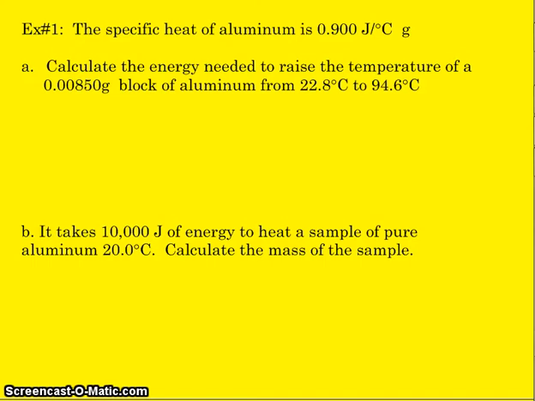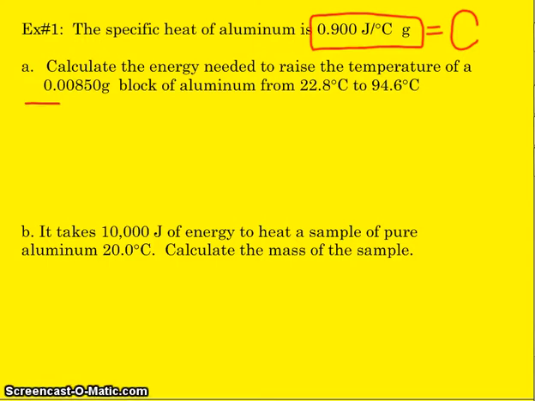So, every time you see a number, stop and identify what it is. The specific heat of aluminum is 0.900 joules per gram degrees Celsius. They call that specific heat. The units clue you in that that's specific heat. That's our capital C in our equation.